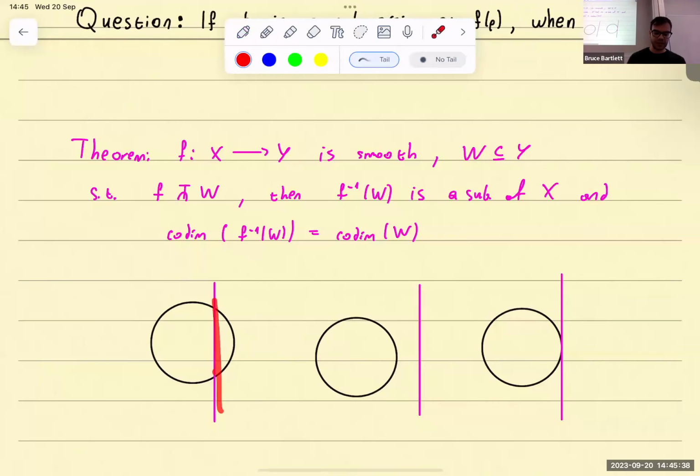Here, if I perturb this line a little bit, I still intersect in 2 points. Here, if I perturb this line a little bit, I still intersect in no points. Whereas here, if I perturb this line a little bit, I will either intersect in 2 or in 0 points, which is different from what I'm currently intersecting, which is 1. It's kind of like a notion of generic intersection in some sense.